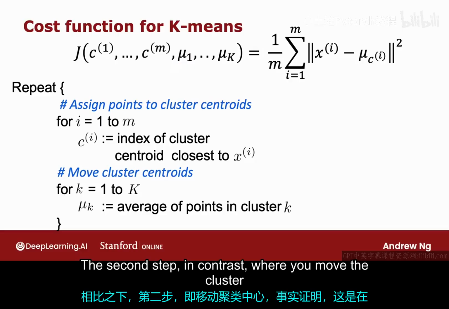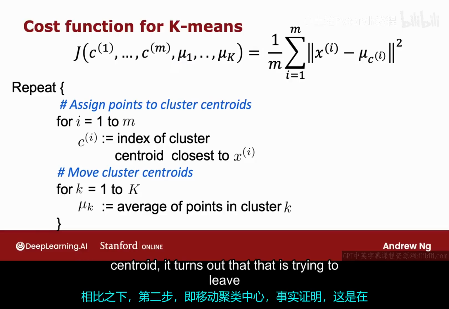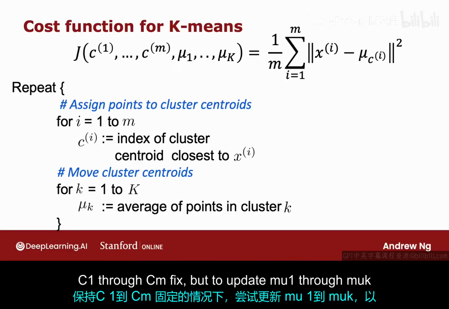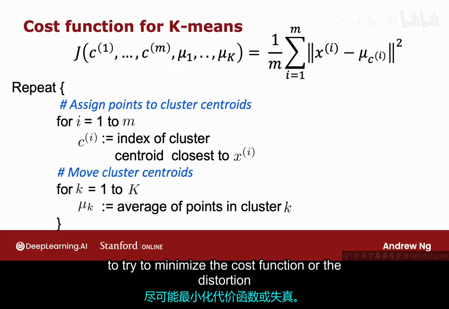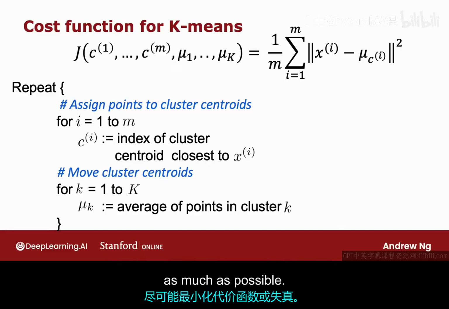And the second step, in contrast, where you move the cluster centroid, is trying to leave C1 through Cm fixed, but to update mu1 through mu k to minimize the cost function or the distortion as much as possible.